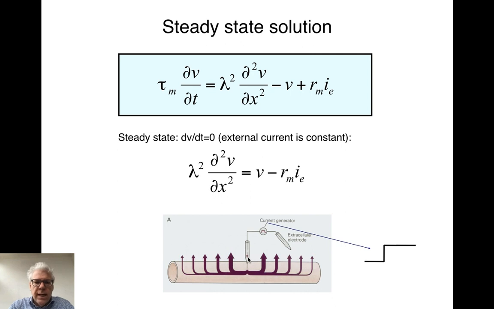That means that the partial derivative of the voltage with respect to time is zero, and we are left with this part of the equation only. Repeated here for convenience.